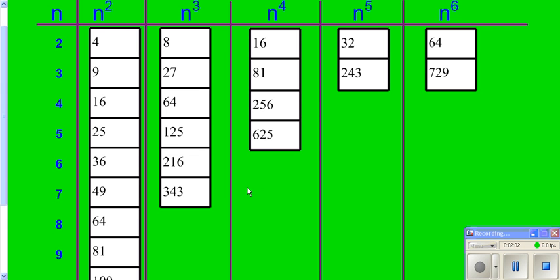A lot of times, though, you're going to want to try to write it in a smaller base. So that would be your 3 to the fourth. So I would go ahead and copy this chart down in a place that's easy reference for you, like the front of your notebook inside the cover or something like that.